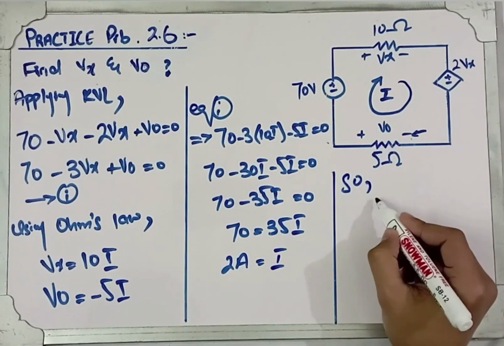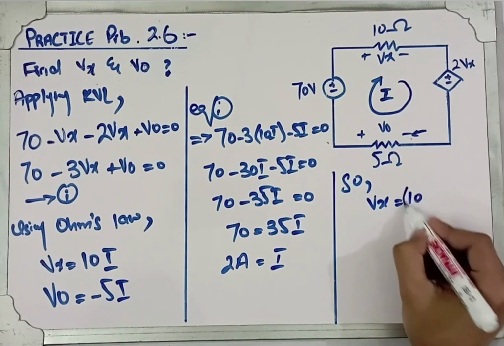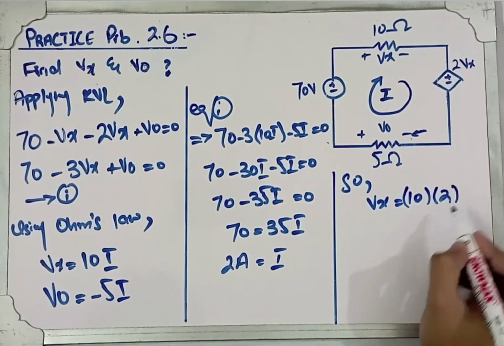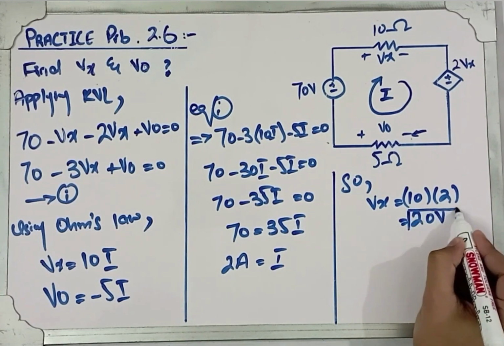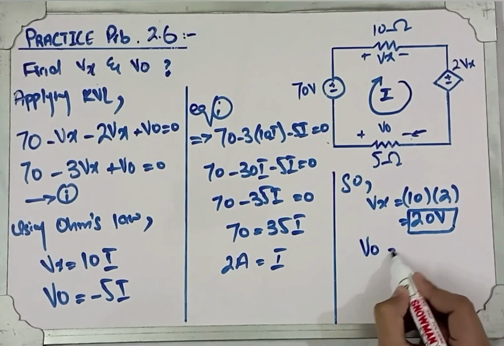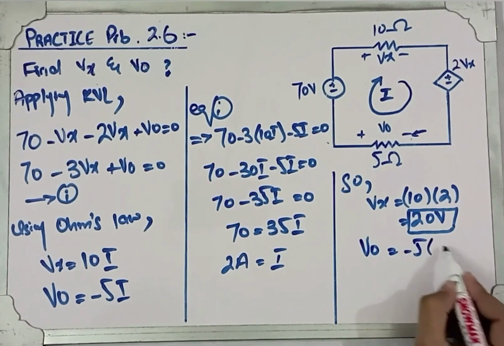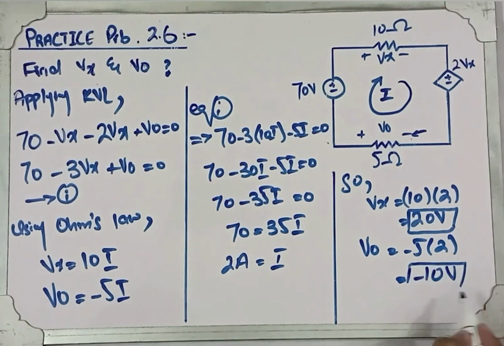Now simply using Ohm's law on the 10 ohm resistor, Vx will be equal to 10 into 2. It will give us our voltage, 20 volts, and for the 5 ohm resistor, the voltage V0 will be equal to minus 5 into 2. That will give us our voltage as minus 10 volts.